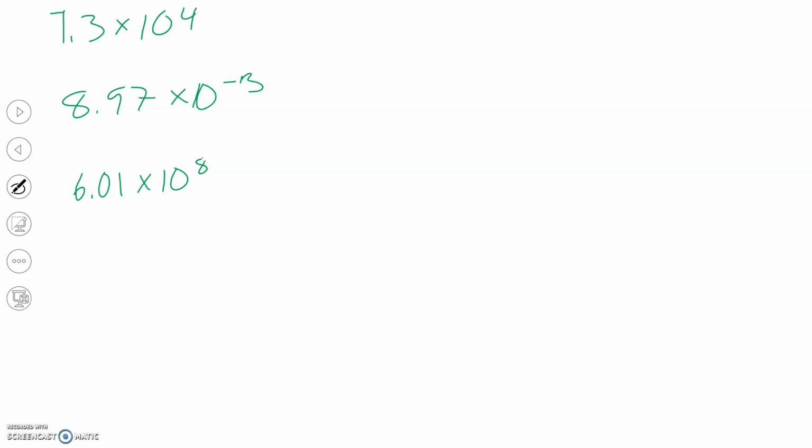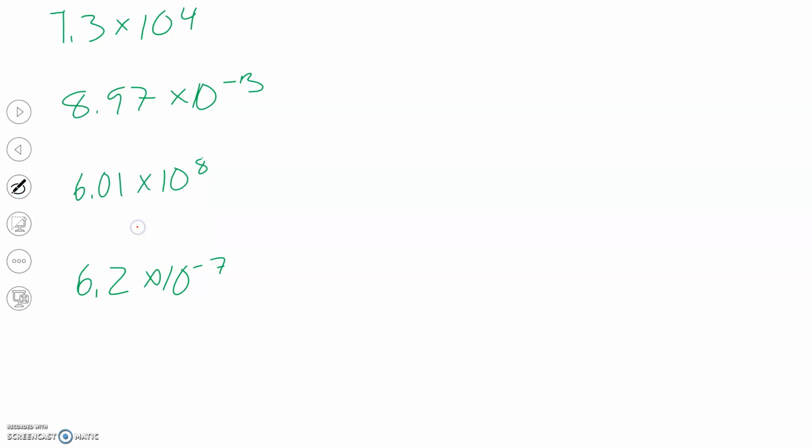And 6.2 times 10 to the negative 7. So at this point, if you want to, go ahead and pause it, try working them out, and then you can check yourself.